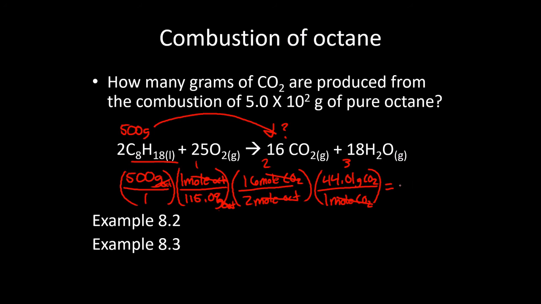And that gives me 95.6. We'll say I'll cut it off there. Grams of CO2. That is how much carbon dioxide is produced when 500 grams of octane is burnt up.